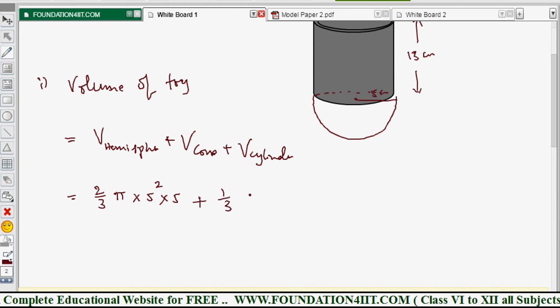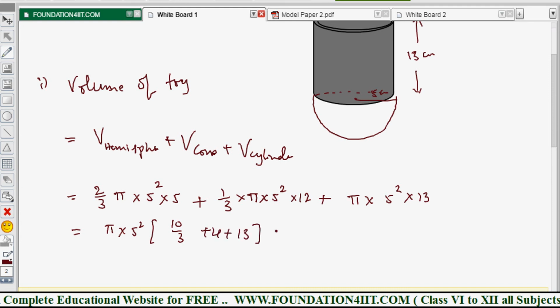So volume of cone is 1 by 3 pi r square h. So 1 by 3 pi r square and h is 12. Plus cylinder is pi r square h. So that is pi into r square into height, which is 30. So here, 5 square into 5, just to take the common I have taken like this. So pi into 5 square, if you take common, remaining is 5 twos are 10 by 3 plus 4 plus 30.